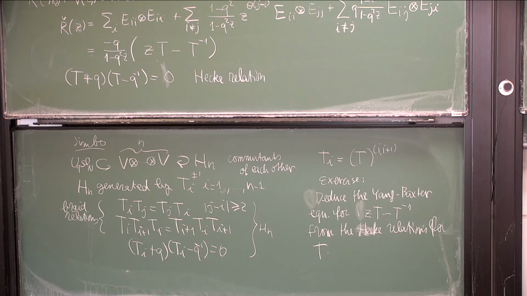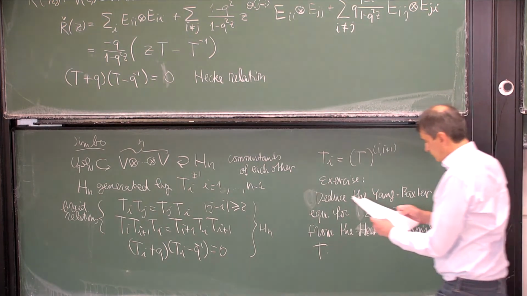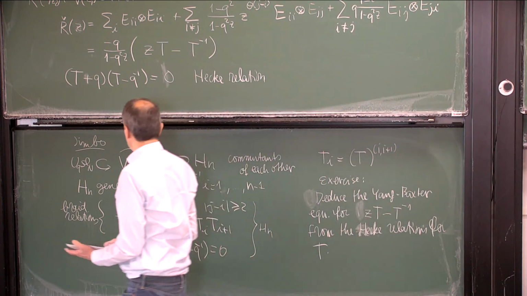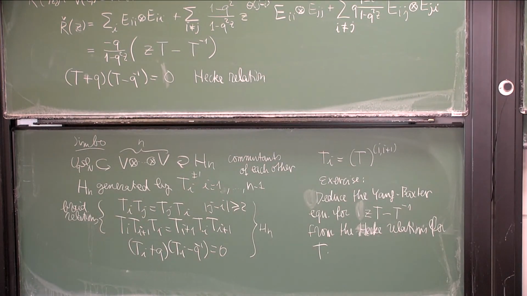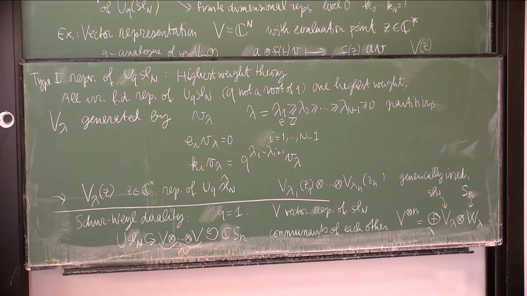Right. Okay. So what is the other application of this Hecke story? It is to understand this decomposition of tensor products of evaluation representations. So did I still have 3 minutes?